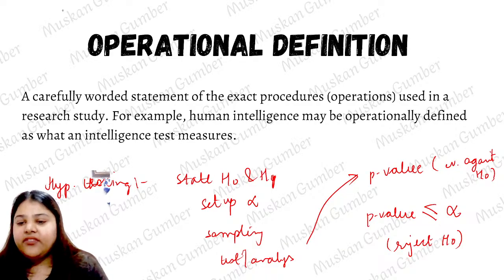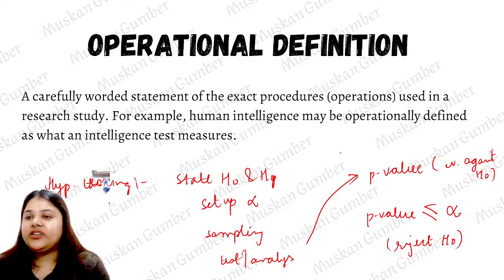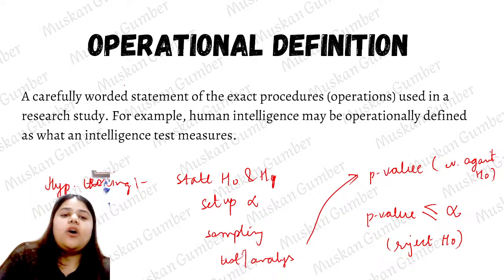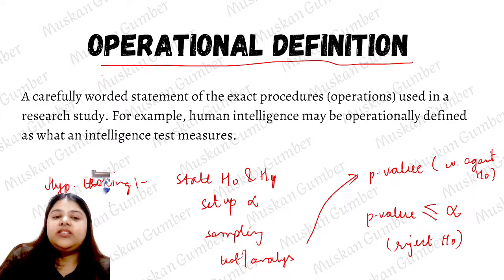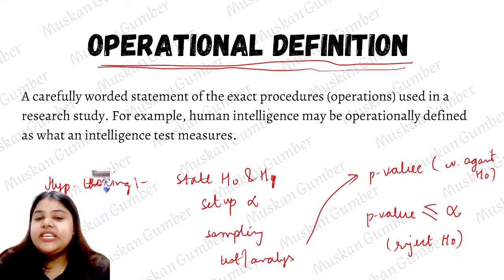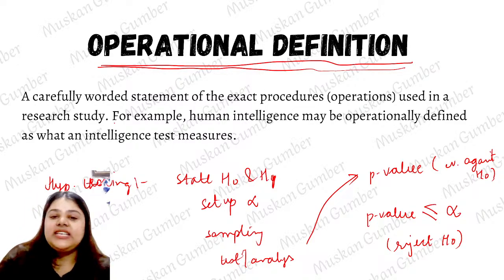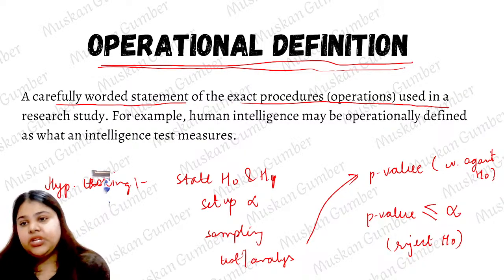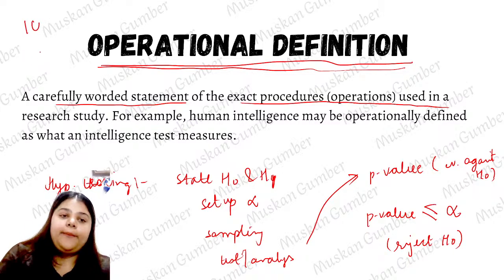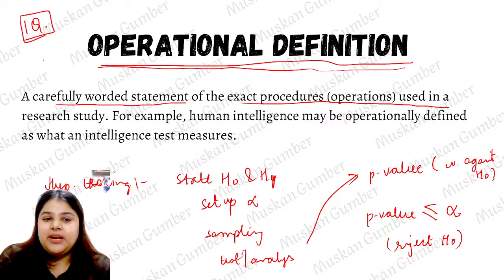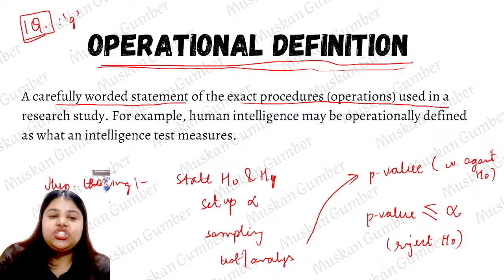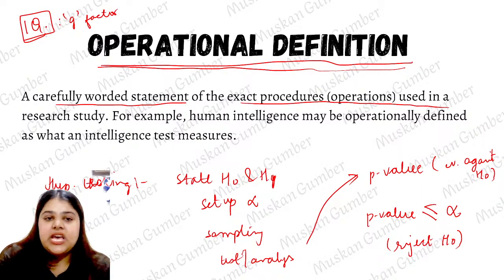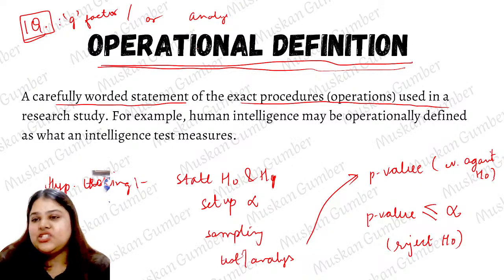Now we have understood in our step of research process also that we always operationalize and define our variables, right? So operationalization is what? We are carefully determining the exact procedure, the operations, that we are going to be using in my study. For example, if I am measuring the IQ of people, then I will say that I am measuring the G factor of intelligence, or the analytical component, componential component, experiential, or social intelligence.